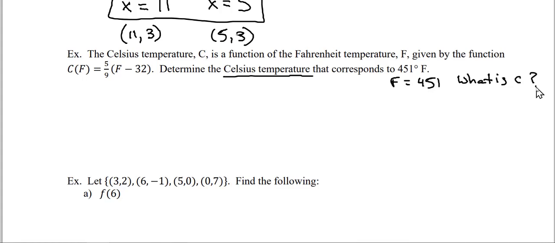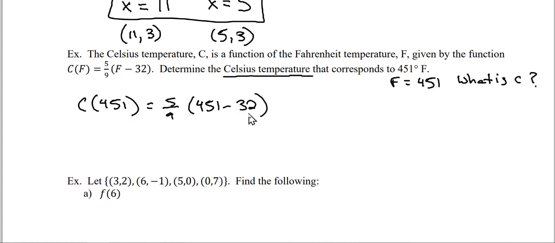That's what you want to know. Notationally, we replace the F with 451 degrees. I picked that because of the book Fahrenheit 451, that's the temperature at which paper burns, right? So, interesting book if you haven't read it.